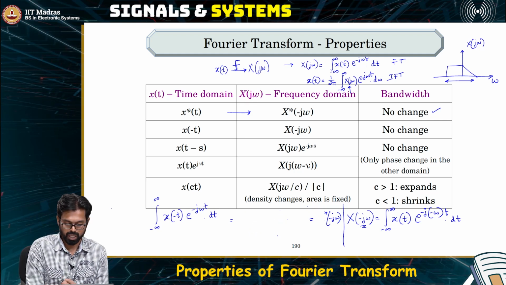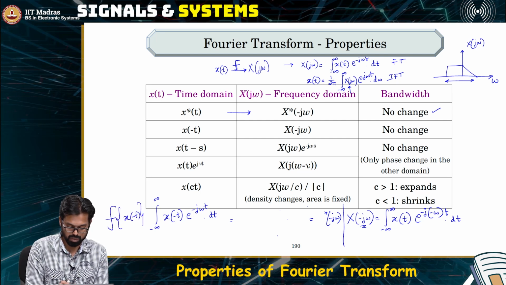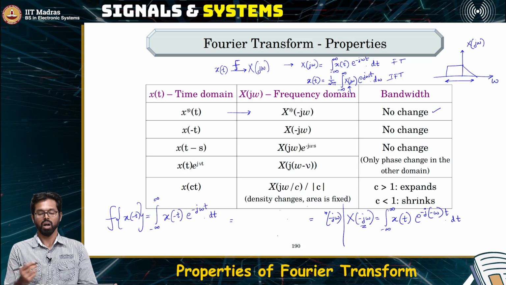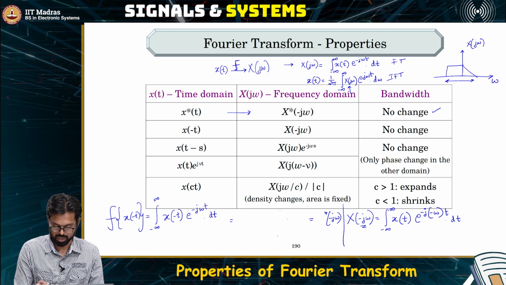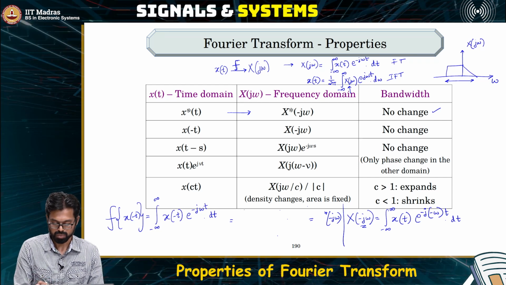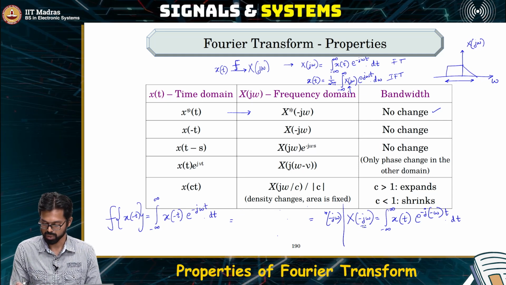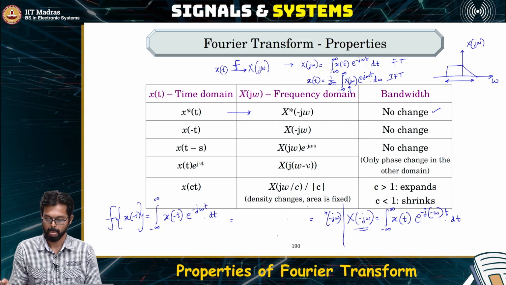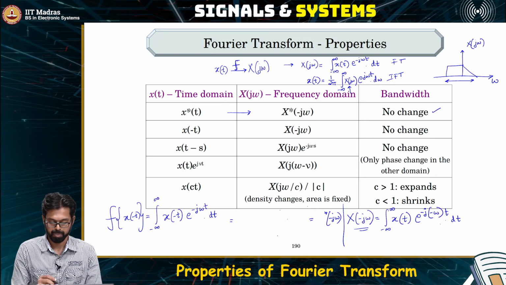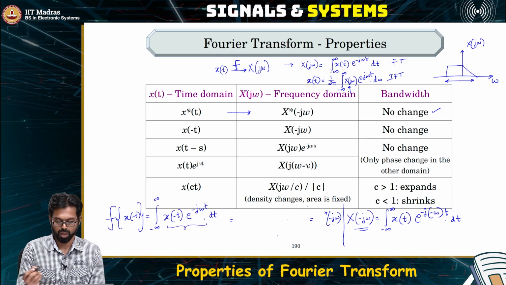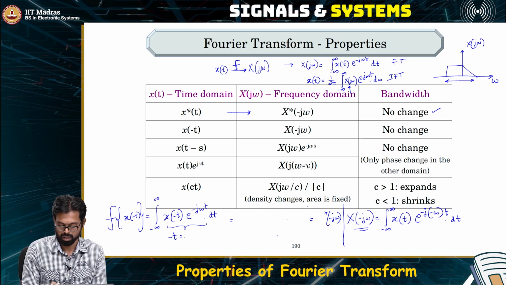Okay. This is basically the Fourier transform of x of minus t. How does that look? So once again, in this particular equation, what did we have? This is the expression that we have for X of minus j omega, and in this expression, just let us say minus t is equal to s.